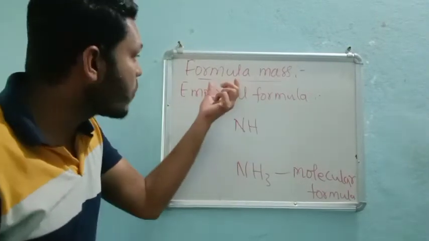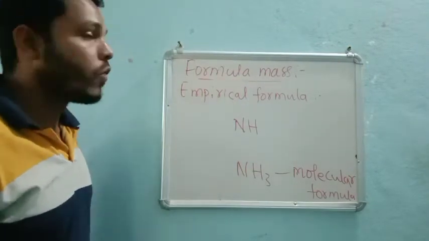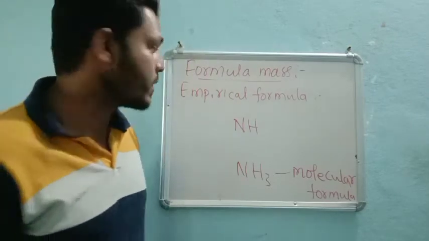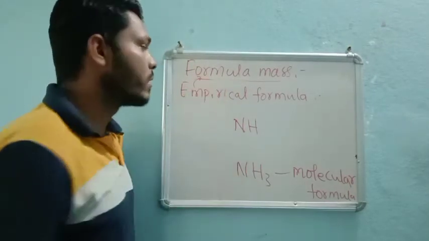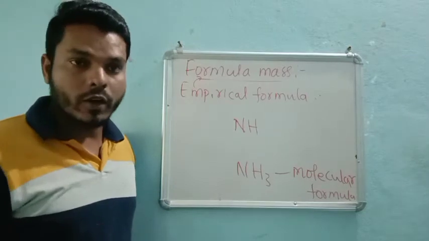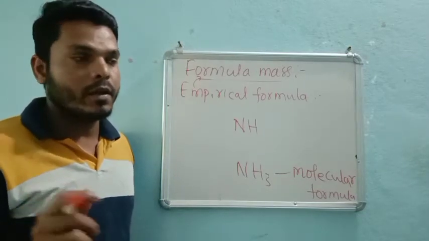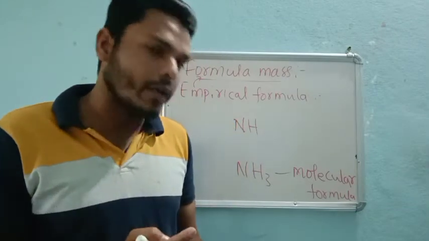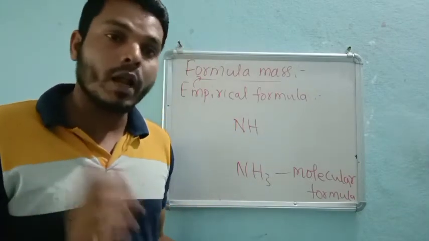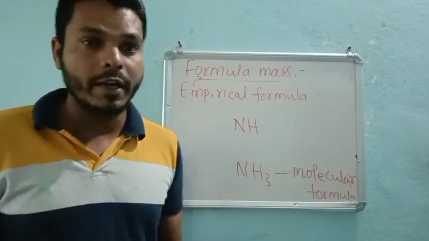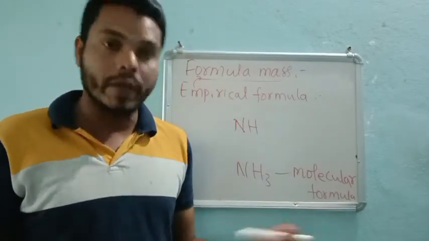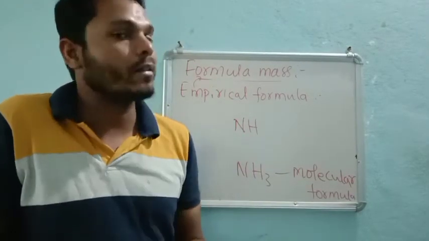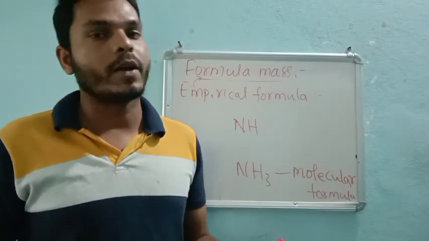Understood? And now what are we going to calculate? Formula mass. Formula mass totally depends on what? Empirical formula, right? So whatever the given compound may be, we look at what are the different elements present in it. We need to add their atomic weights. Definitely, what will we get?